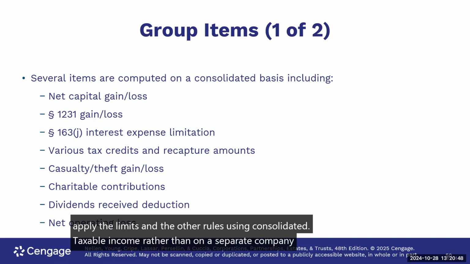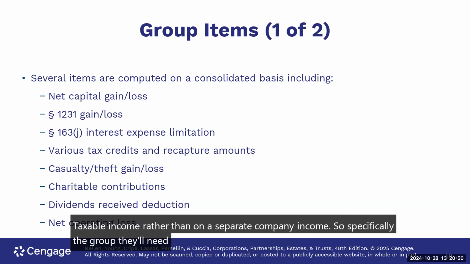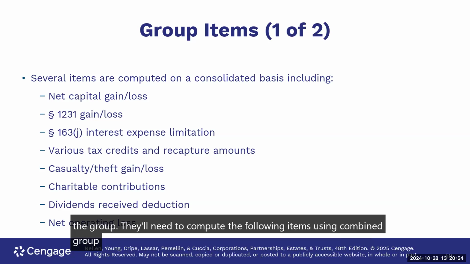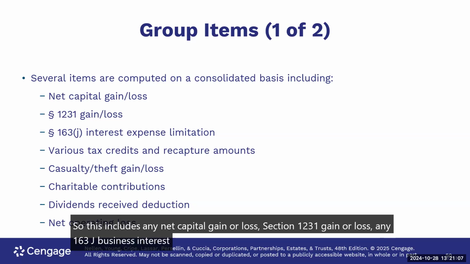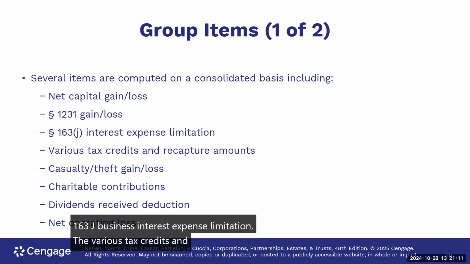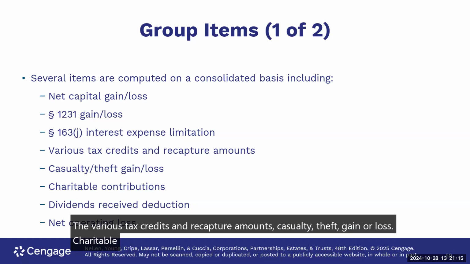Specifically, the group will need to compute the following items using combined group numbers after removing any appropriate intercompany transactions. This includes any net capital gain or loss, Section 1231 gain or loss, any 163(j) business interest expense limitation, the various tax credits and recapture amounts, casualty and theft gain or loss, charitable contributions, dividends received deductions, net operating losses.